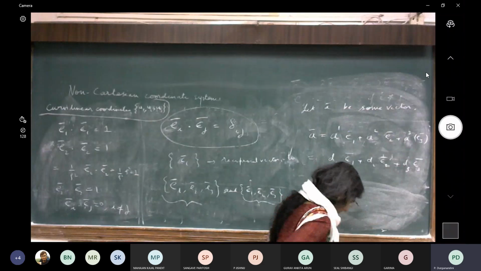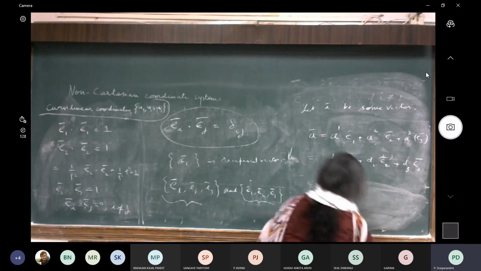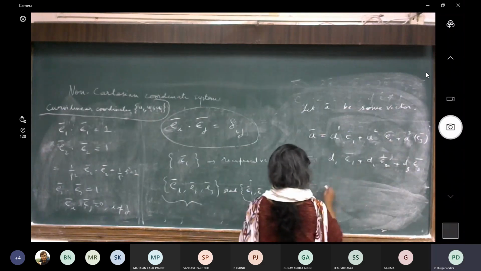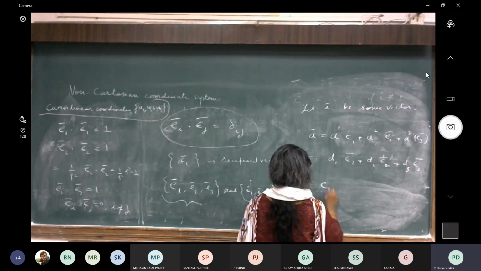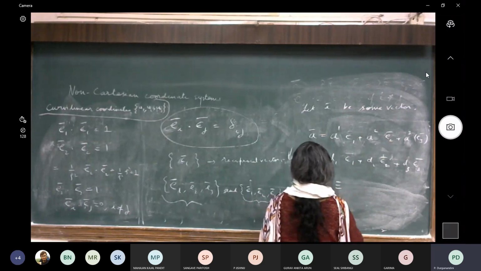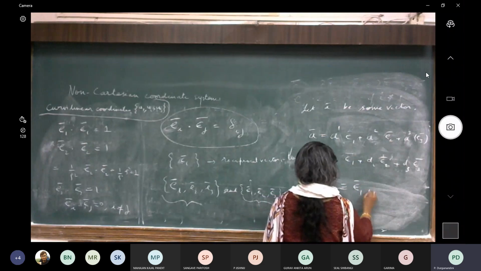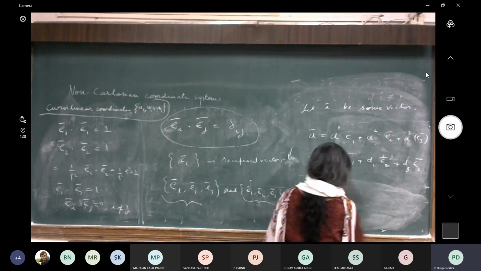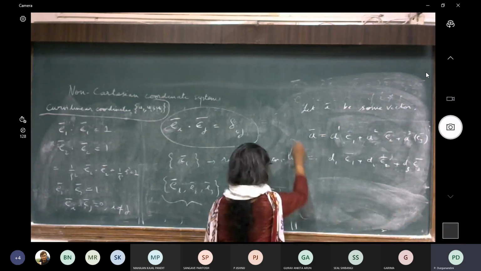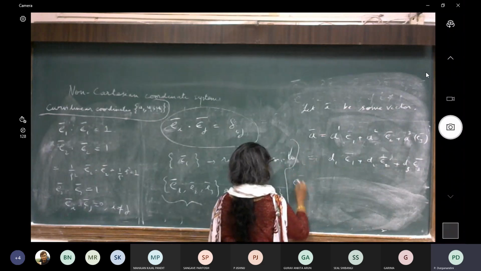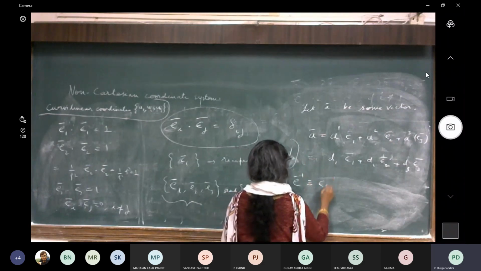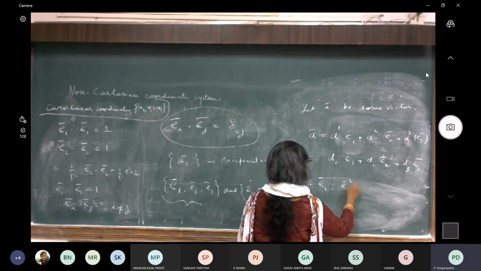In this case, I will give a new notation. I will define things now like this. It's just a new way of labeling things.